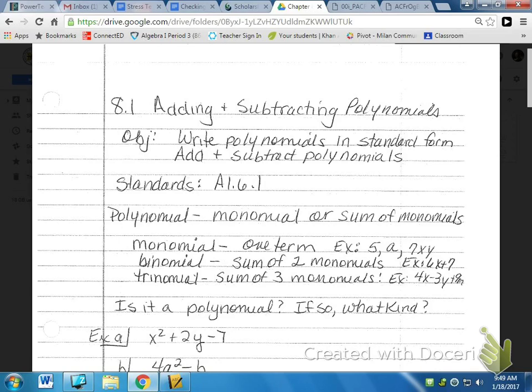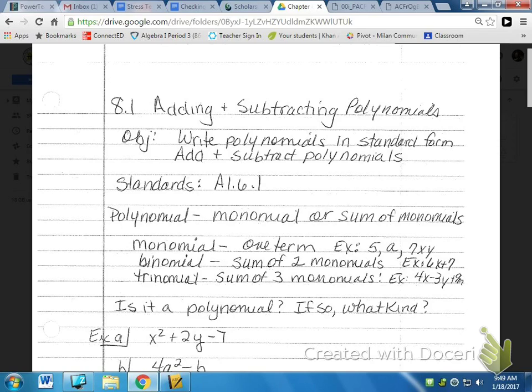One term, for example, 5a or 7xy, which would be a number, a variable, or a product of them. Binomial would be a sum of two monomials, so 6x plus 7. So 6x is a monomial, 7 is a monomial. When you add them together, it becomes a binomial.